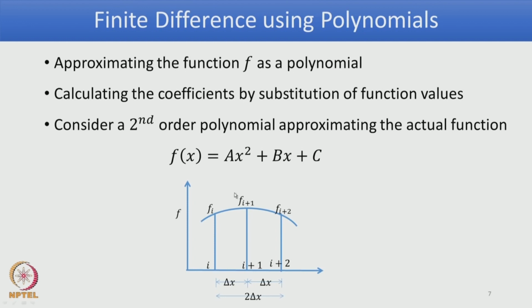This is a schematic graphical representation of the function, with the point of interest f of I at I, and neighboring points in the forward direction: I plus 1, at a distance of delta x, and I plus 2, at a distance of 2 delta x from the point I, or delta x from the point I plus 1.